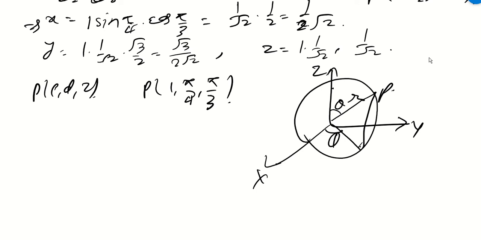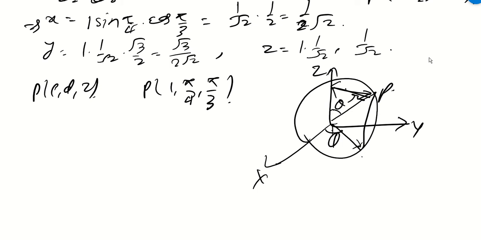Now my perpendicular distance, that is z, is like this. So what will rho be? My radial distance from the z axis. This distance, if you see, the perpendicular is coming like this.